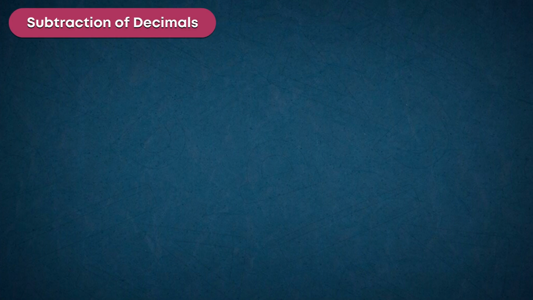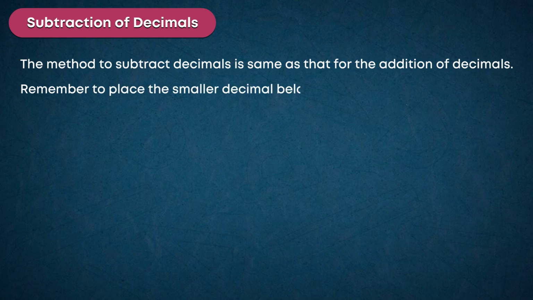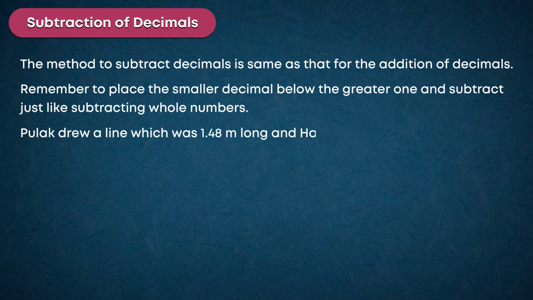Subtraction of decimals. The method to subtract decimals is the same as that for the addition of decimals. Remember to place the smaller decimal below the greater one and subtract just like subtracting whole numbers. Pulak drew a line which was 1.48 m long and Harshit drew a line which was 0.9 m long.